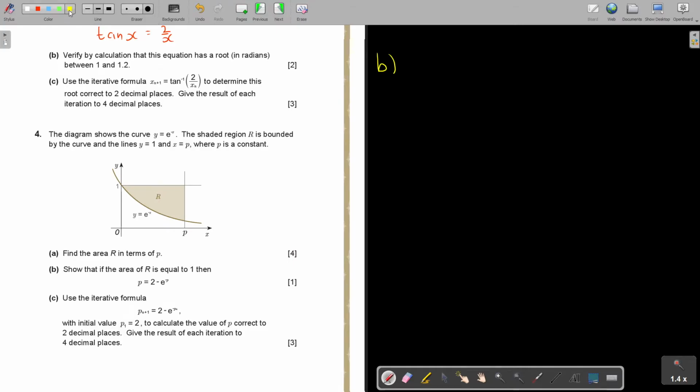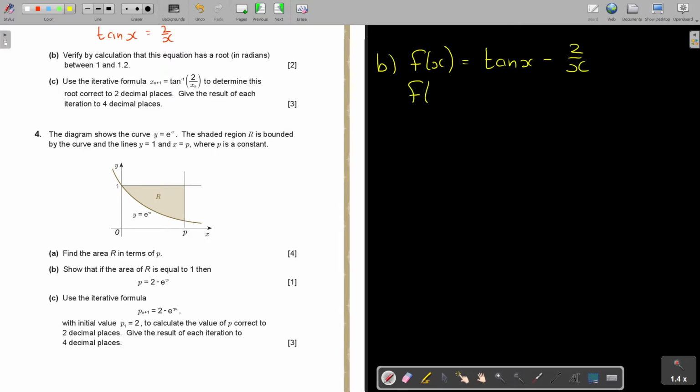This is very important: if it's the small f of x, I just take everything to one side. So I'm having then tan x minus 2 over x.